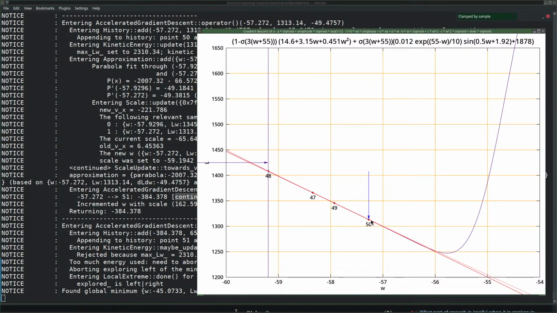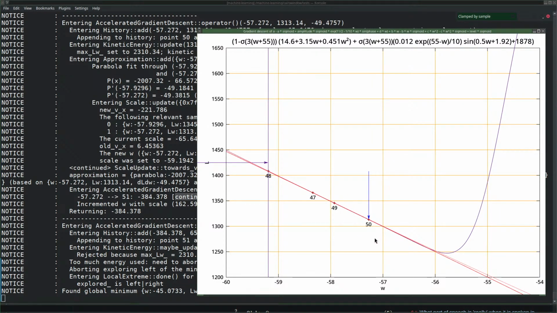I could argue same direction here, we should go from 49 to 50 and then continue in the same direction. But yeah, well, actually, no. It's more like if you fit a third-degree polynomial through 49 and 50, there's no minimum.